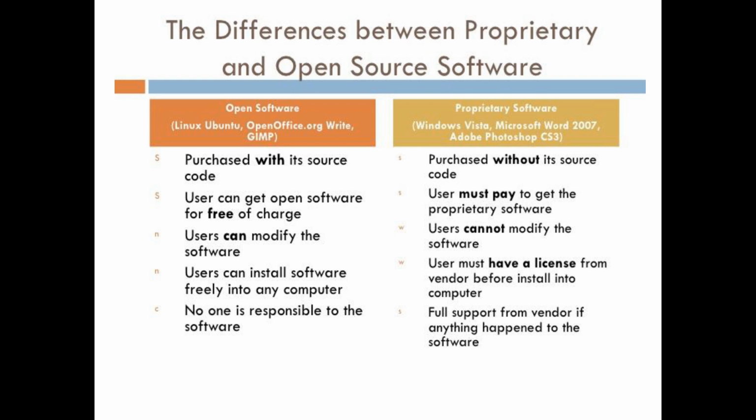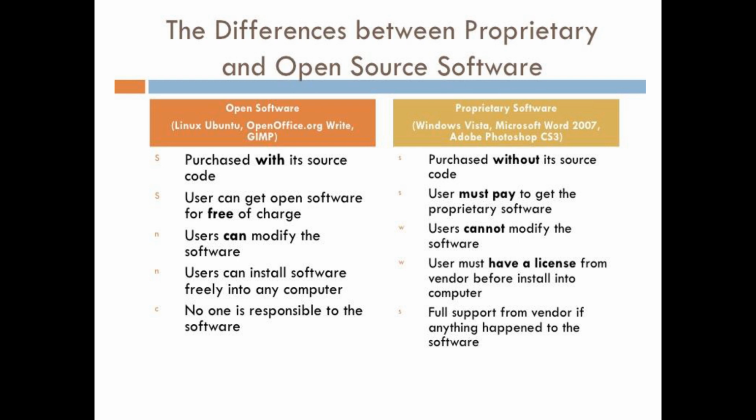The third difference is that you can modify, enhance and improve the coding of open source, whereas with proprietary you cannot even see the source code. And the fourth difference is that you can install freely on any number of computers any number of times, but with proprietary you must have a license before you install. If you get a license for a single user, you can install on only one system.